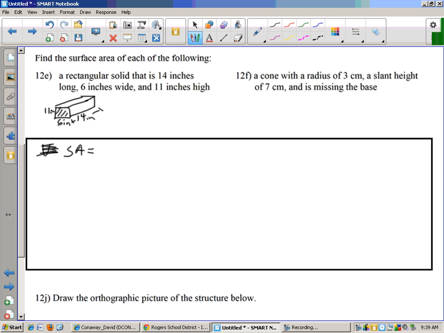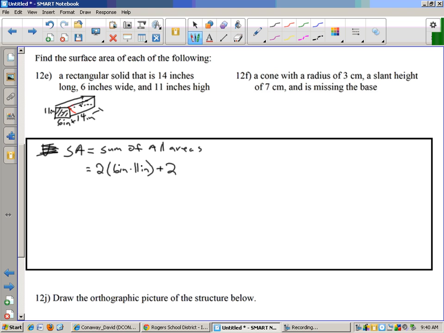Surface area is going to be equal to the sum of all areas. So this means I've got two. The front and the back are going to be the same. They're both going to be 6 times 11. So I'm going to have two 6-inch times 11-inch sides plus two 11 by 14s.